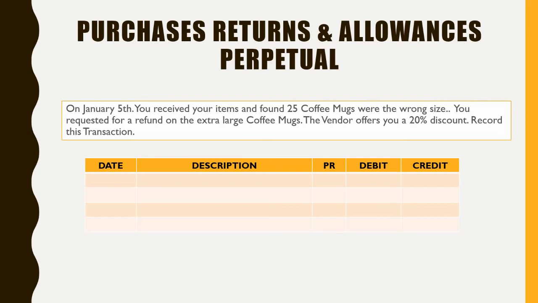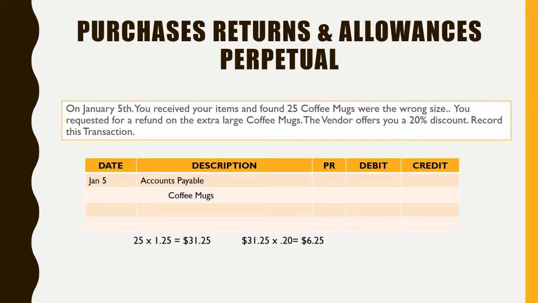So again, we're going to reduce the accounts payable. And once again, where did we place our coffee mugs? We placed them into inventory. So we're going to take this amount out from my inventory. Why?